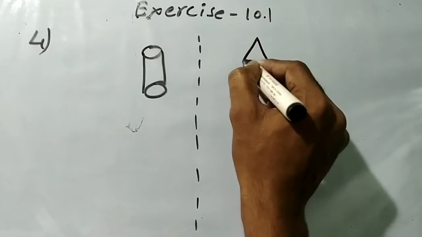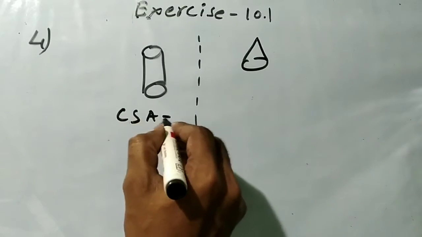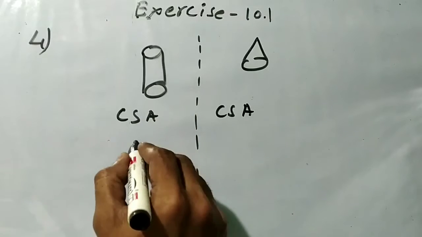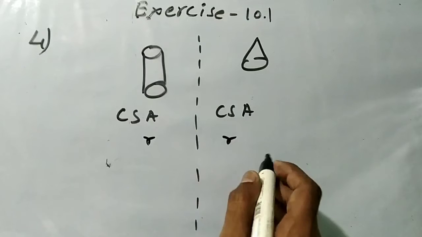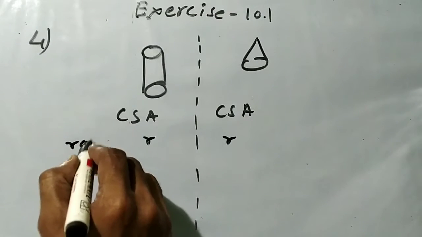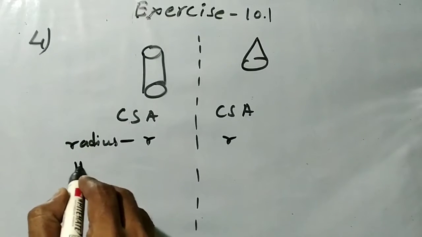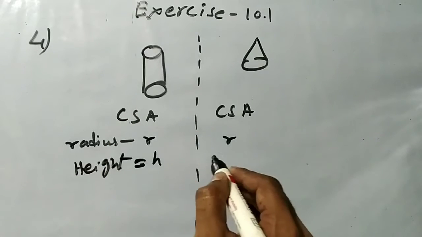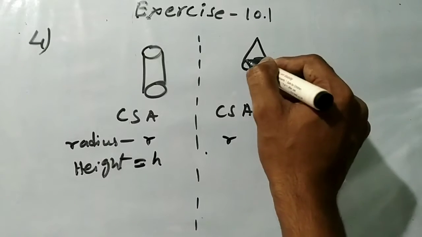Here they have given that the CSA is the same, and the R is equal to R, the same R. The radius is R, and the height of the cylinder is H. Here in the cone, the slant height exists.